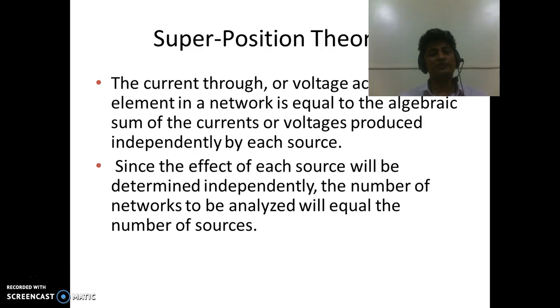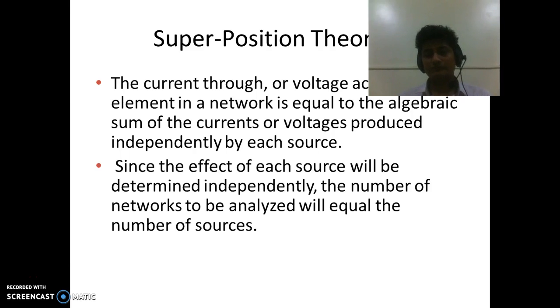The superposition theorem: when we have a circuit with multiple sources, the voltage or current in a particular branch of a circuit is equal to the current or voltage produced in that branch due to individual sources acting alone.